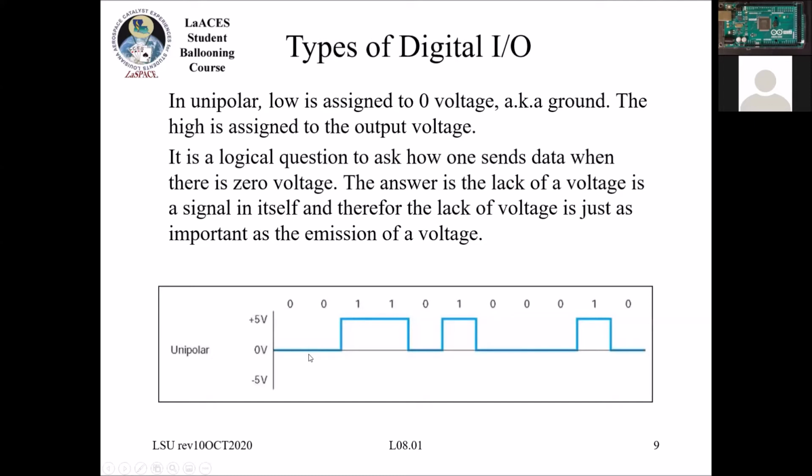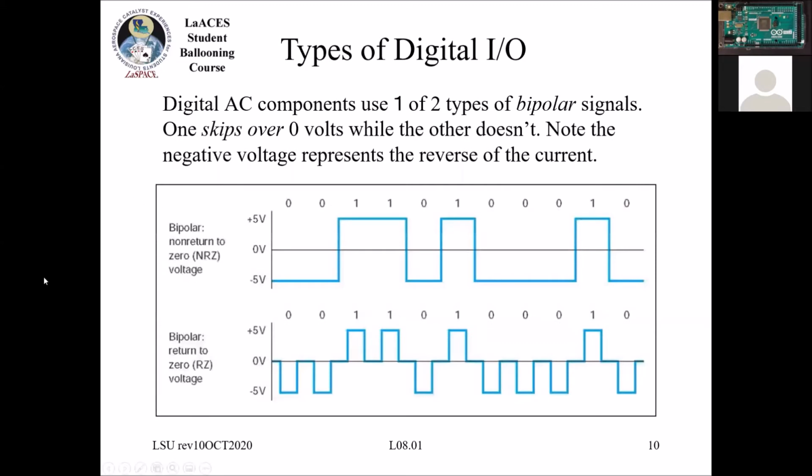So one thing to note is that when your signal is off, it's considered a 0. So you don't really have a way of telling the difference between I'm not sending anything and I'm sending a 0. Because of that, sometimes you will see bipolar signals, which have a positive voltage value for the ones and a negative voltage value for the zeros. But then you can also have a neutral value that is basically just like I'm idle.